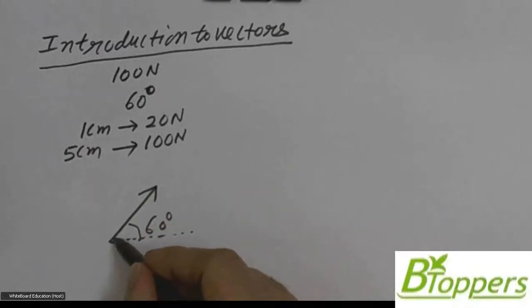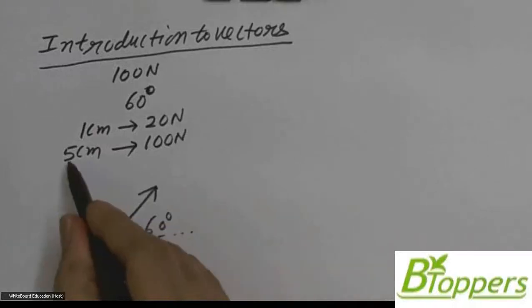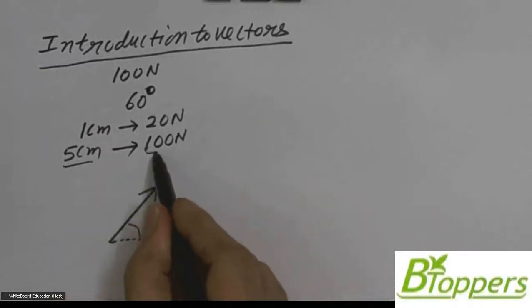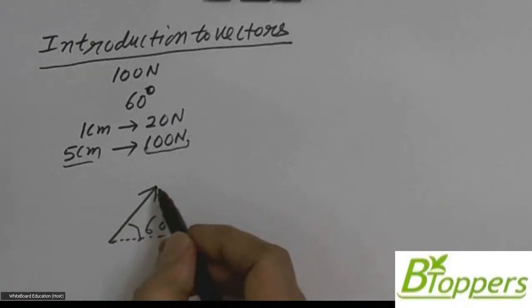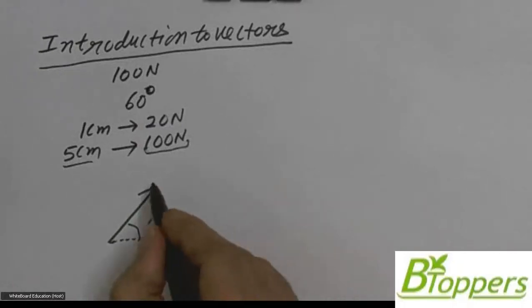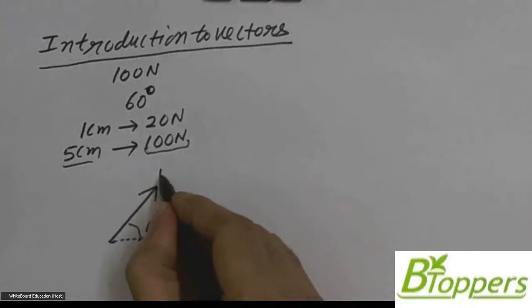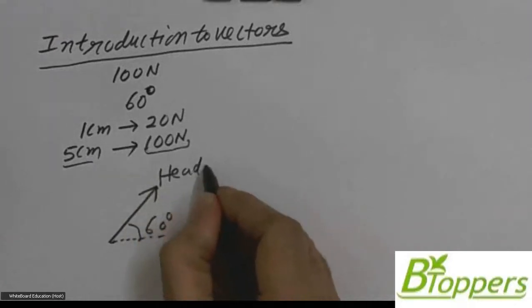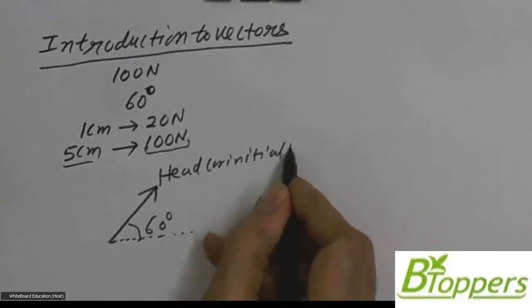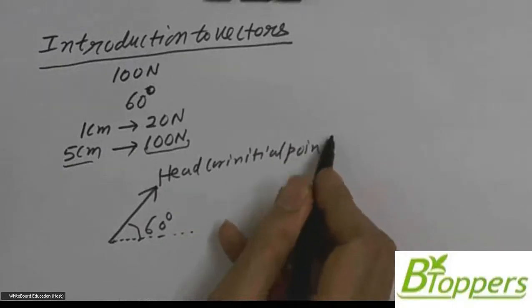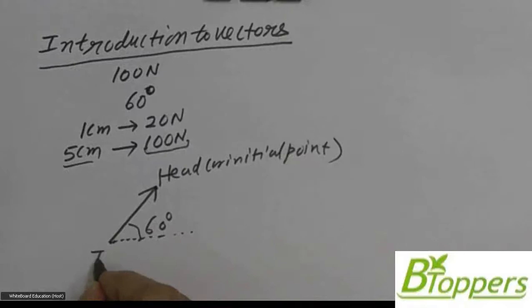The length of the line represents the magnitude of the vector and the arrowhead indicates the direction of the vector. This we call head of the vector or terminal point. This we call tail of the vector or initial point.